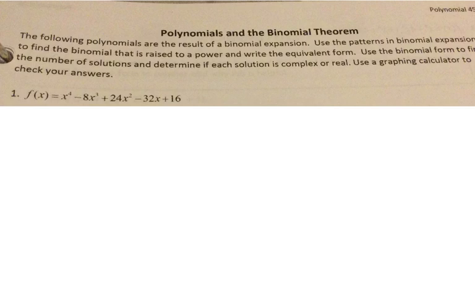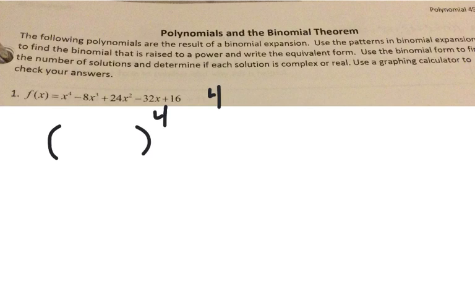Desmos. Okay, so when I look at this, I know it's a binomial expansion, and so the first thing I can look at is how many terms this expansion has. It is 5 terms total, which means I know that it is a degree 4 binomial expansion. So I know it's going to be something raised to the 4th power because there are 5 terms.